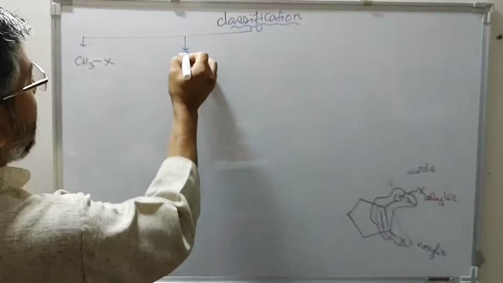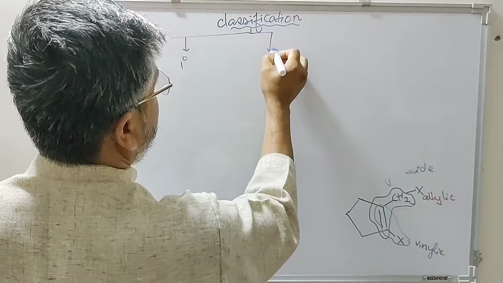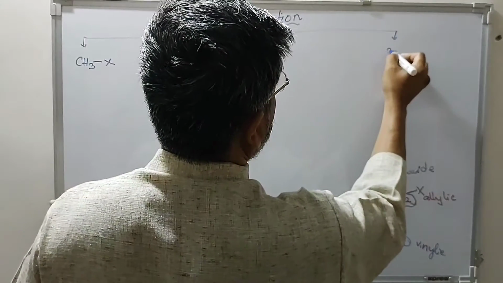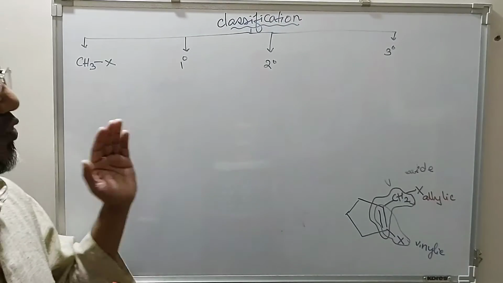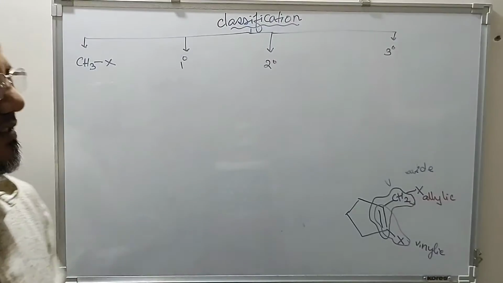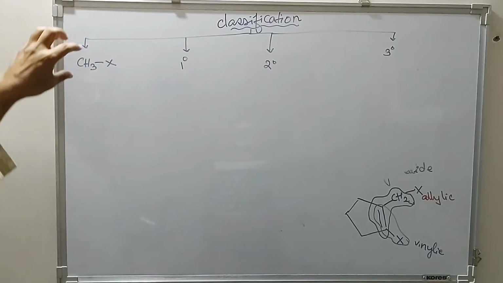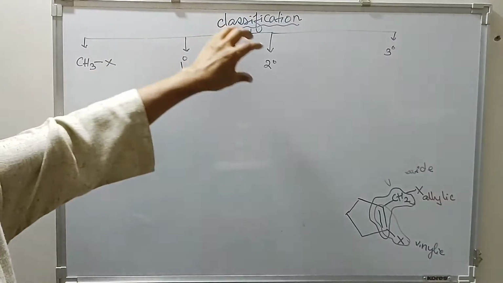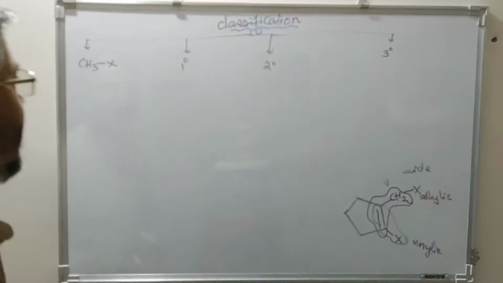CH3X, primary, secondary and tertiary. So these monohalogen substituted alkanes or simply alkyl halides are classified as methyl halide, primary alkyl halide, secondary alkyl halide and tertiary alkyl halide.